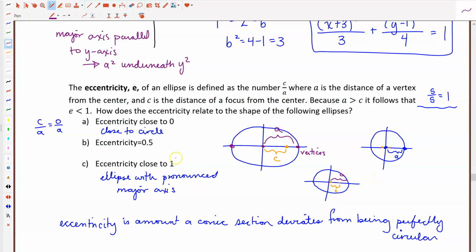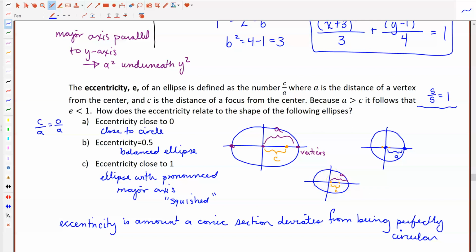If you think about it, as the eccentricity gets close to 1, the ellipse starts looking very squished, really pulled out in that one direction. These ones, maybe we would call a more balanced ellipse. You've still got a pronounced major axis, but the minor axis is going to be very, very close to it.